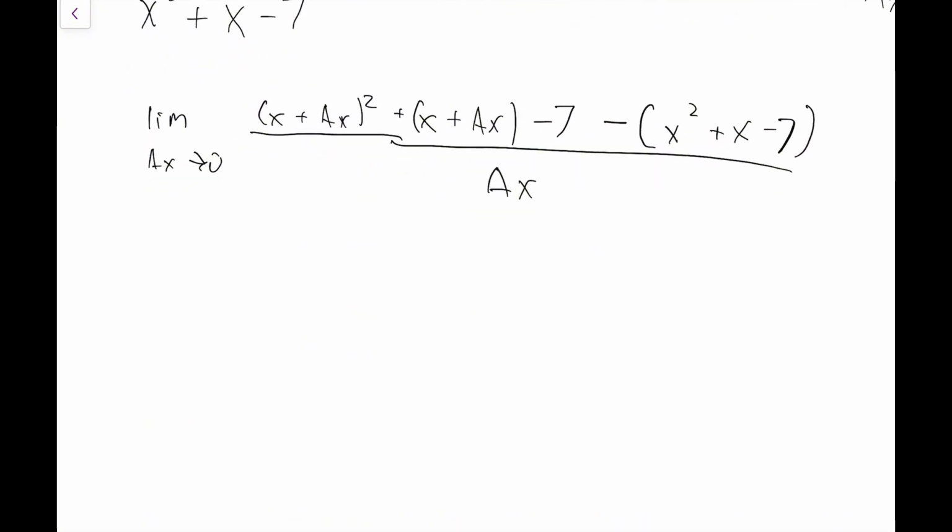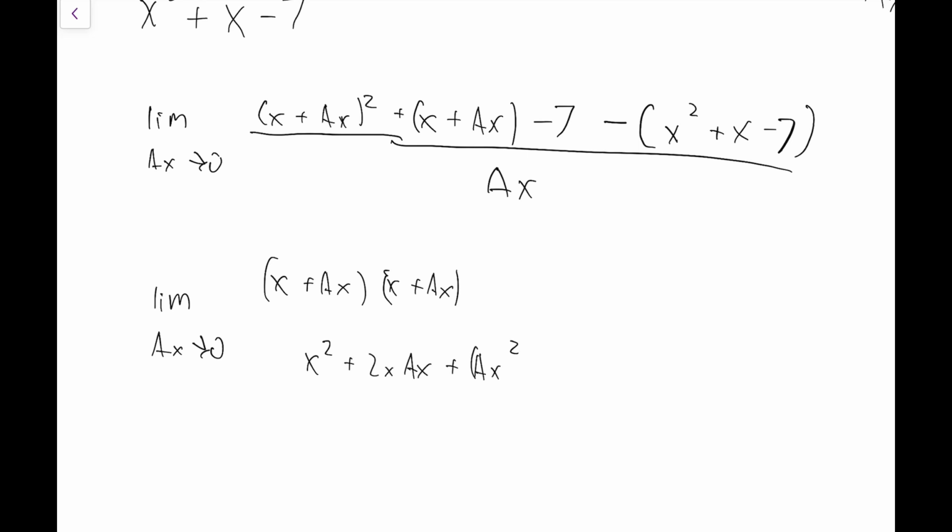So we're going to have still the limit as delta x approaches 0, x plus delta x times x plus delta x. We're going to FOIL this. This would be x squared plus 2x delta x plus delta x squared.